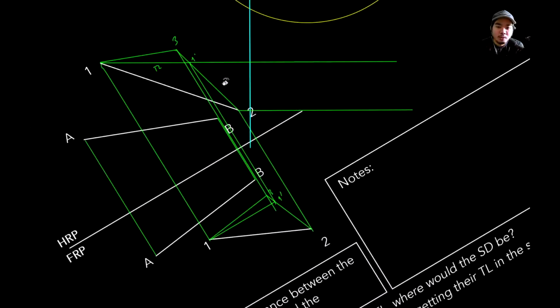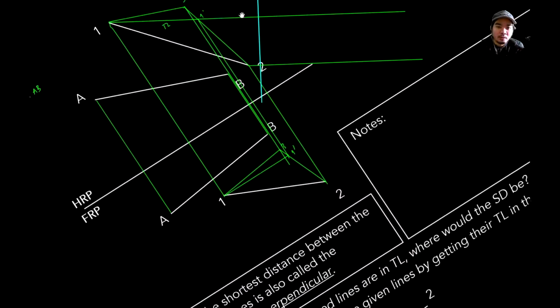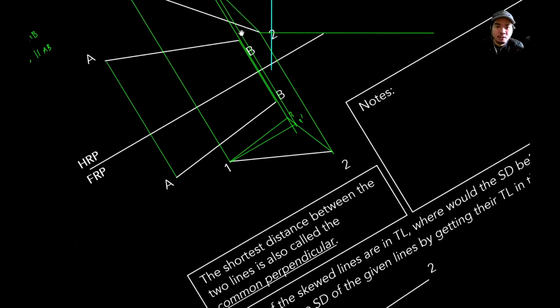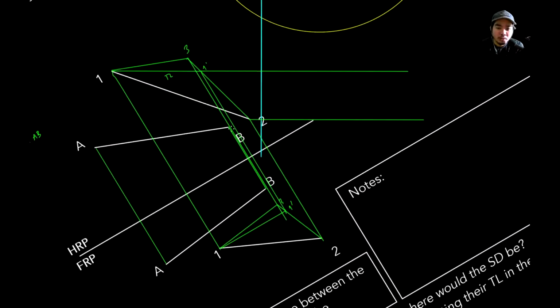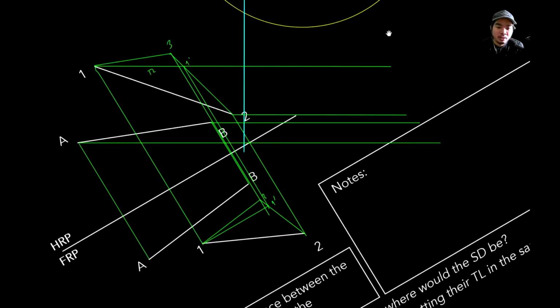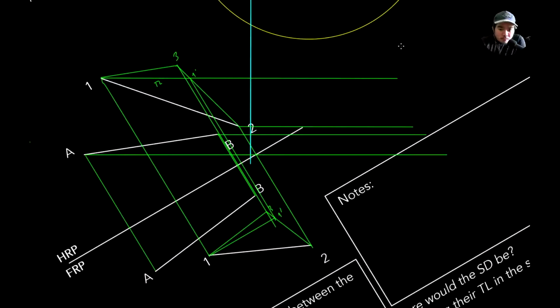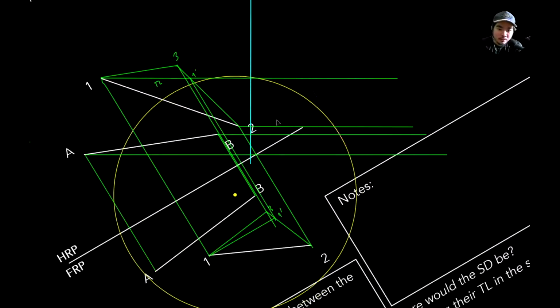Meron tayong 1, 2. Kulang pa pala. Ang kulang dito is yung projection lines for A and B, no? So dito, it will get a little bit messy kasi ang daming projection lines na i-create natin. So, we just need a bit of patience, para makreate to lahat. Okay?